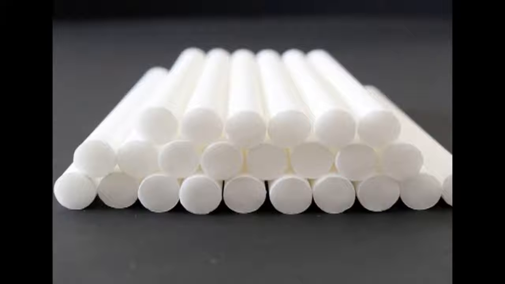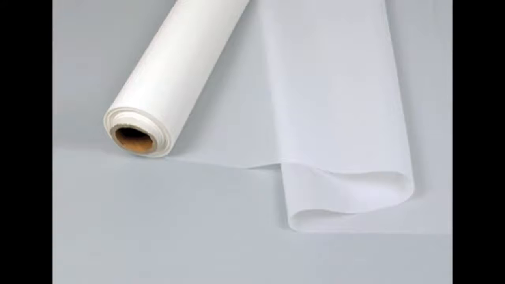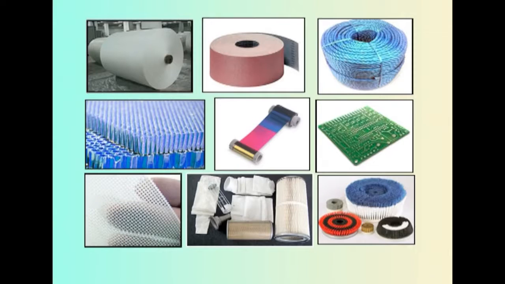The indutech products include conveyor belts, cigarette filter rods, drive belts, bolting cloth, AGM glass battery separators, decatizing cloth, abrasives, ropes and cordages, composites, computer printer ribbon, printed circuit boards, paper making fabrics, filtration products and industrial brushes.